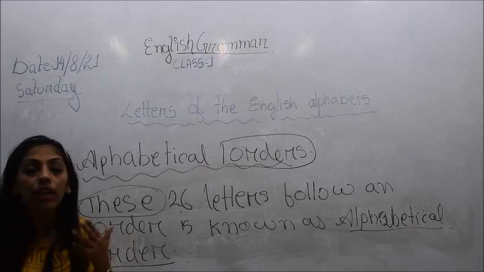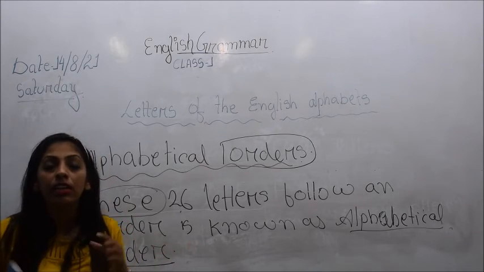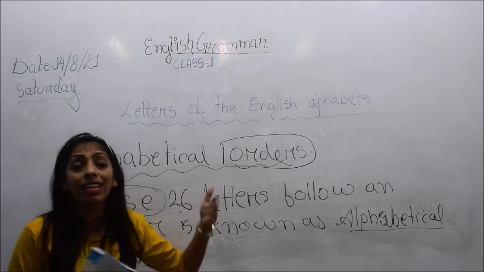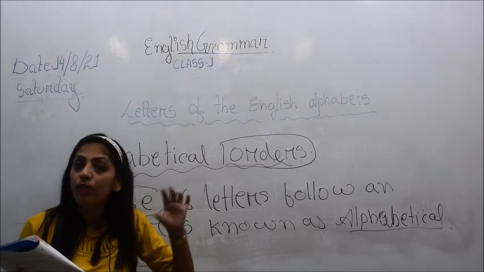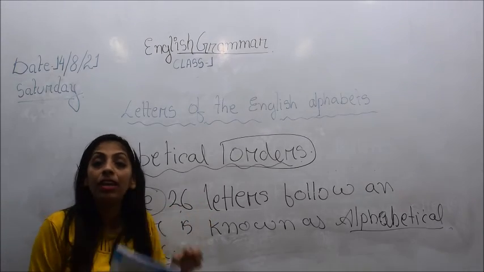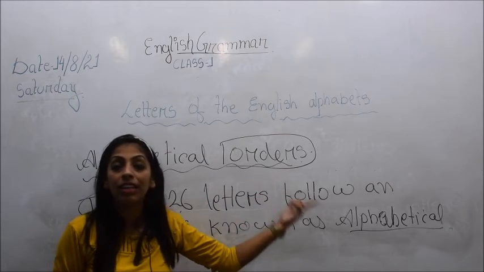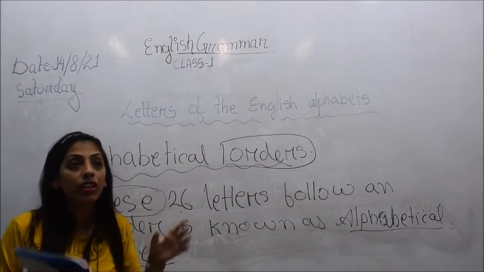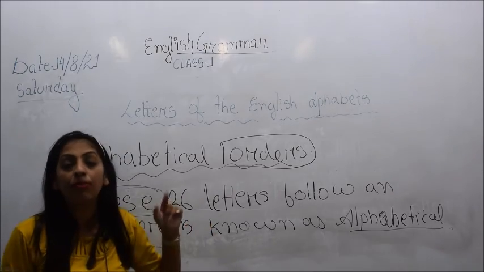One after another, just as I had written on the board, right? Just one after another, as the letters follow each other. After A always B will come, after B always C, after C, D, then E, F. It's not that after A, C will come, then after C, F will come. No, not that.